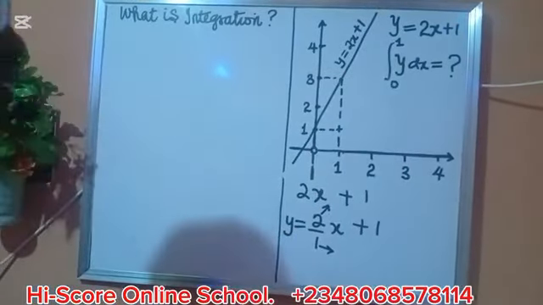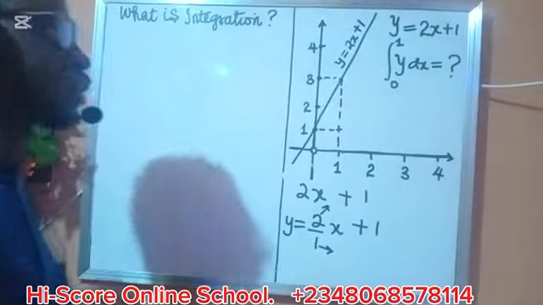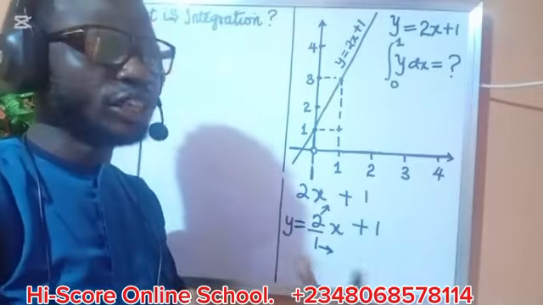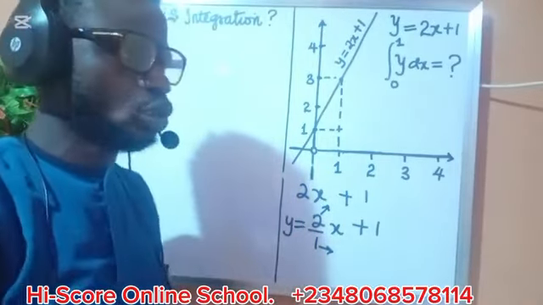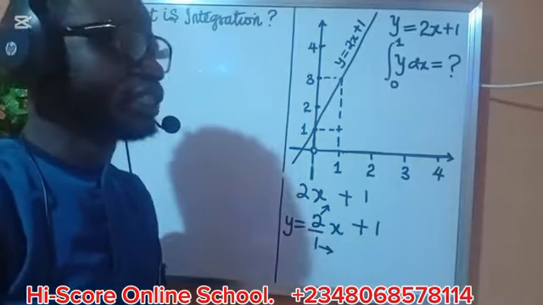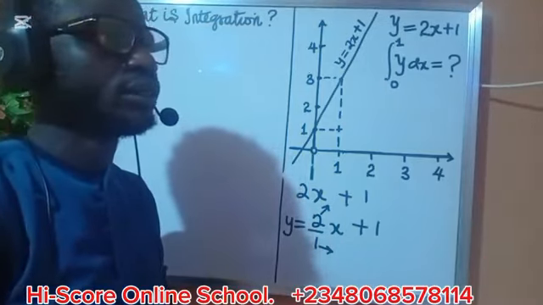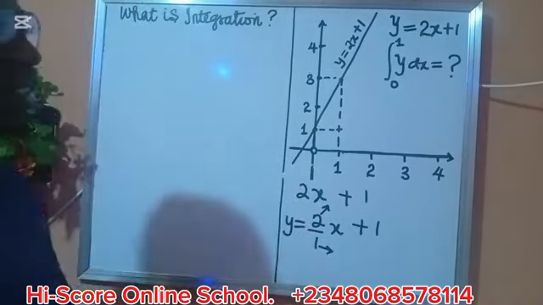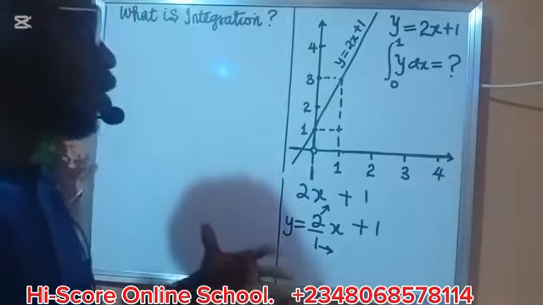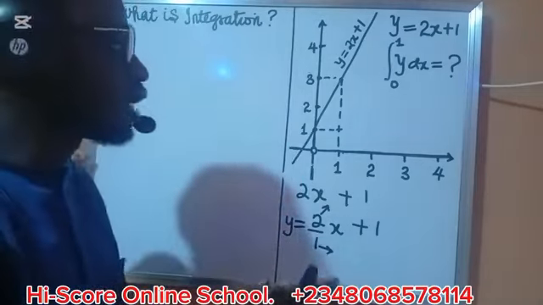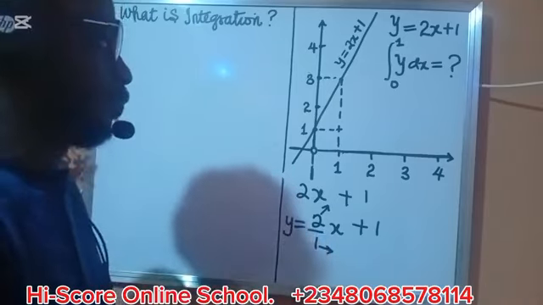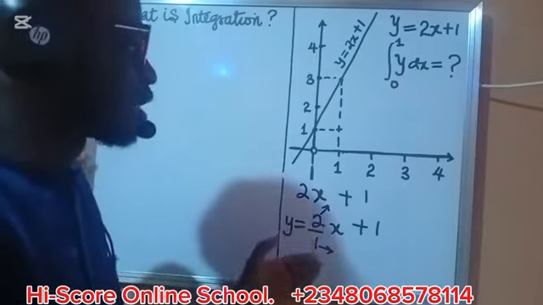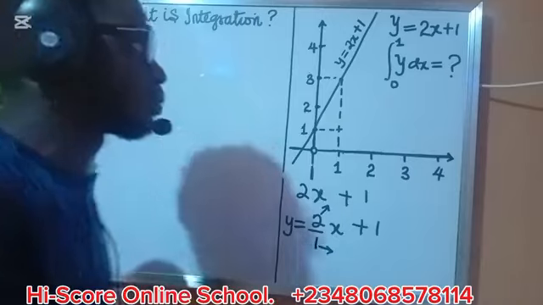Now, to integrate means to bring together, to couple together. So integration is meant to bring together all points under a curve. That is the area subtended by any curve between one point and the other, that is within a particular interval.